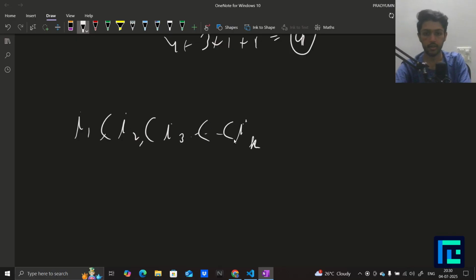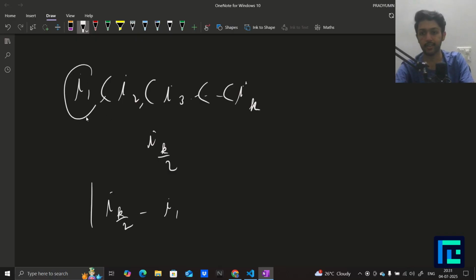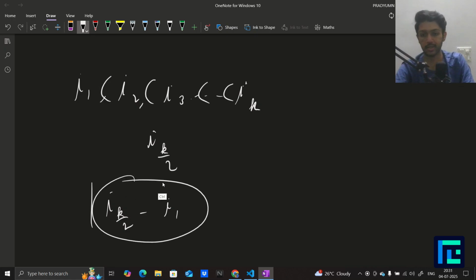Okay, then the middle one, I of K by 2, will not change. And the other ones will come toward it, right? So they will spend mod of I K by 2 minus I1. Like if I want I1, then it will spend I K by 2 minus I1.